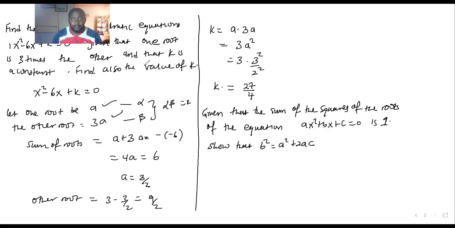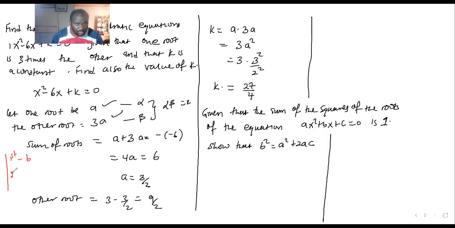Swale, your hand is up. Sir, may you repeat the explanation of the other root? You assume one of the roots to be any letter, the first root. If you assume the first root is b, the second root, they have said, is 3 times the other root.